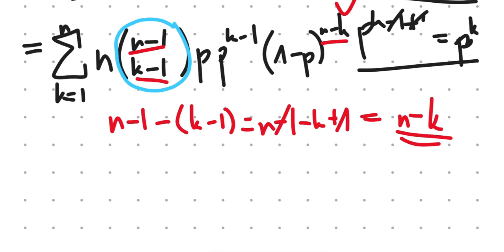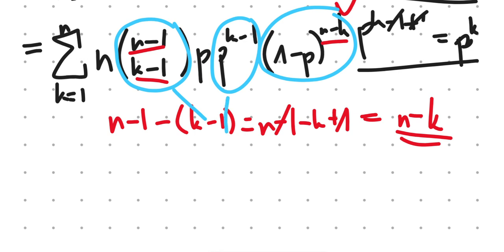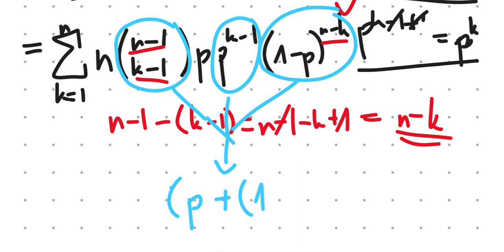We can see this one, this one, and also this one. This will result in building our binomial theorem, which is also known as (a plus b), where b is 1 minus p, to the n minus 1 power.